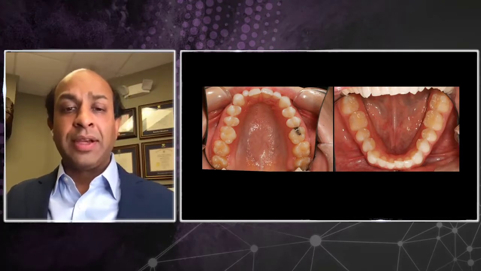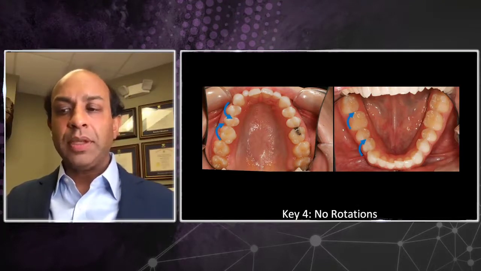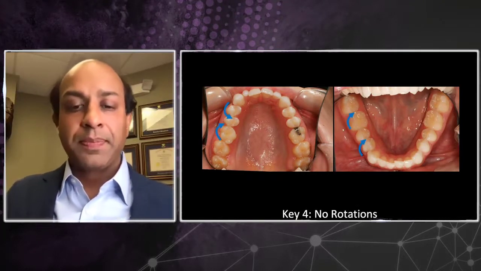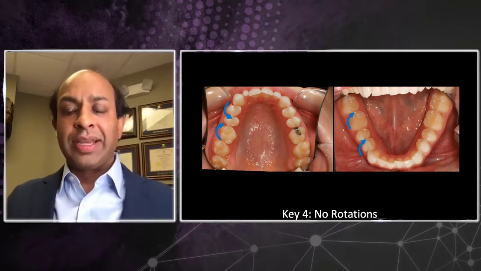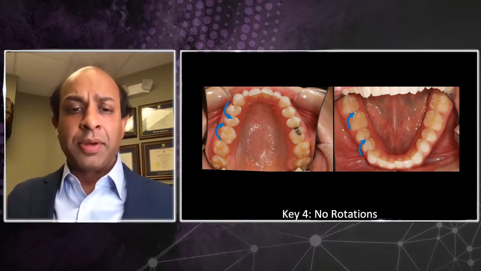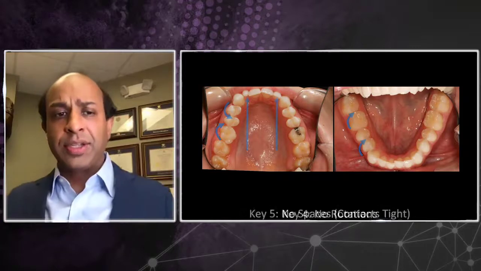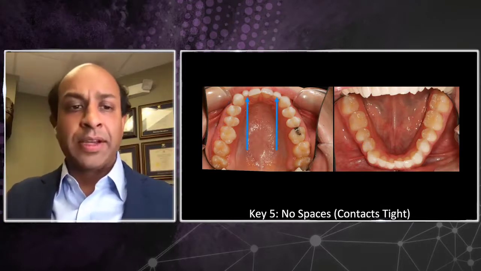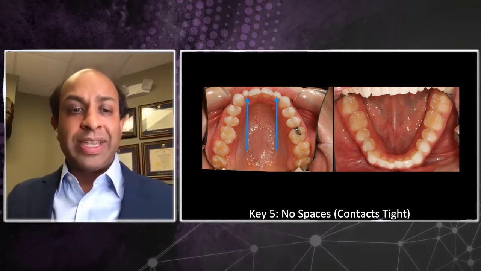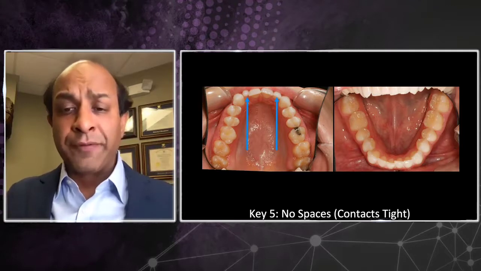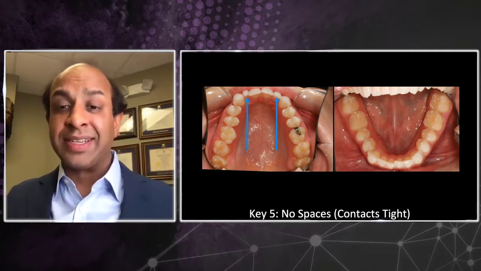If we take a look at the occlusal views, looking at the rotations, we can clearly see that there are multiple teeth that have rotations. If we take a look at spacing, we can see that there are a few areas where space exists.